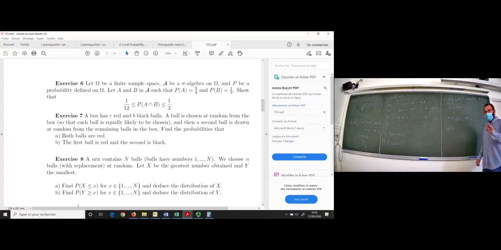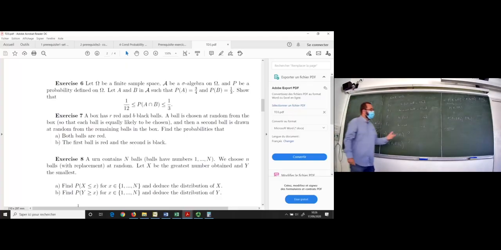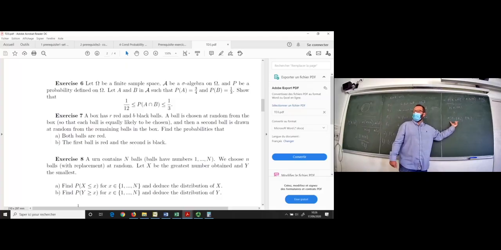Both are true, but one is more clever than the other. Because what I do, when I draw balls, first I choose the first one and then the second one. So it means that this term to compute here, the probability that the first is red, knowing that the second one is red, is something that is not that natural to compute.